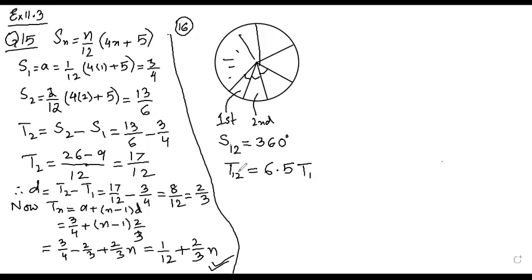So if we apply the Tn formula, the last term formula on T12, so this will become A plus n minus 1 D. N means 12. 12 minus 1 will become 11D is equal to 6.5 T1, T1 is A. So this is how 11D is equal to 5.5 A. So D will become equal to A upon 2.